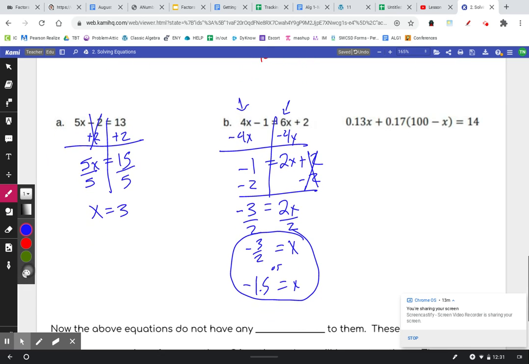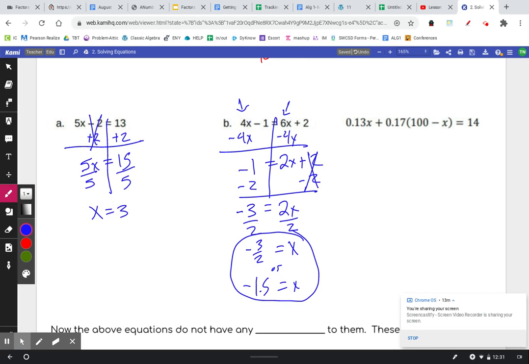This last example of the day is involving some decimals. So I'm left with this situation here on the right. I have 0.13x plus 0.17 times the quantity of 100 minus x equals 14. So I'm going to have to bust out my calculator here to do some of this math. First thing I'm going to do is 0.17 times 100.